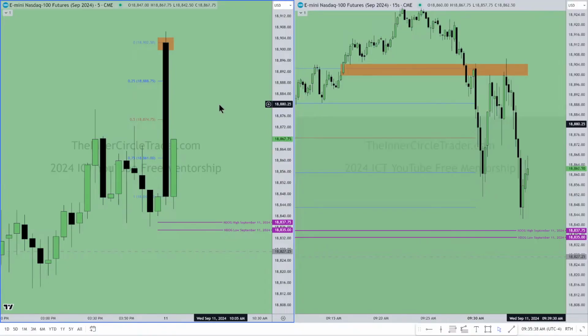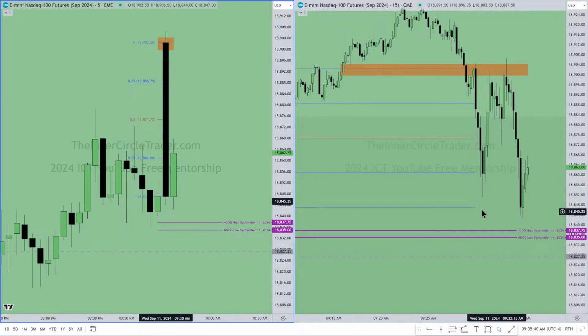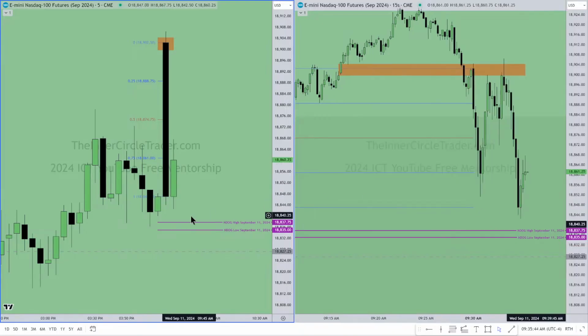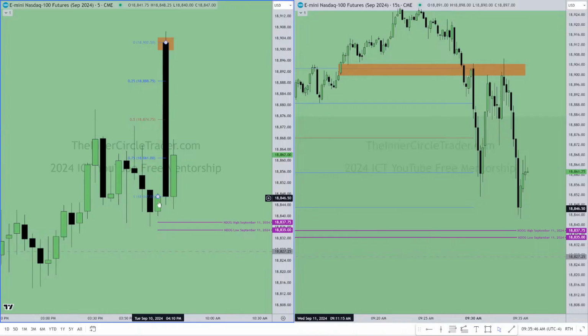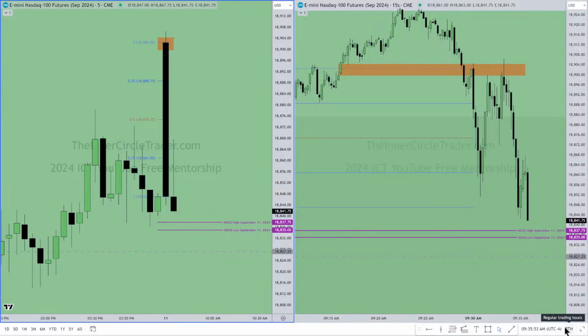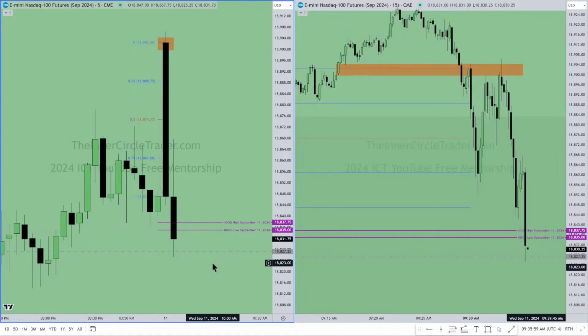Okay, full gap closure, notice the bodies right here at that's this level here. Okay, so previous settlement on regular trading hours, you can see that down here, the right hand corner. New day opening gap, and then to the top of that old daily inefficiency.